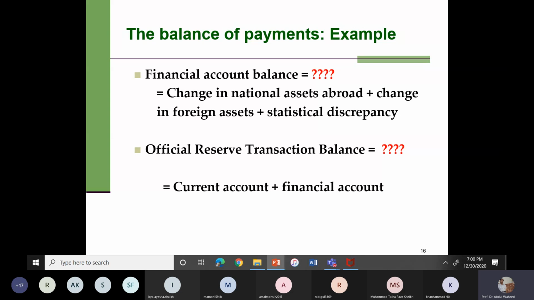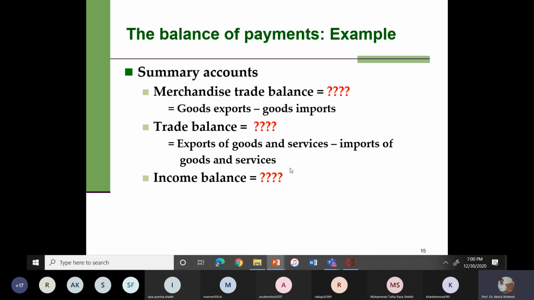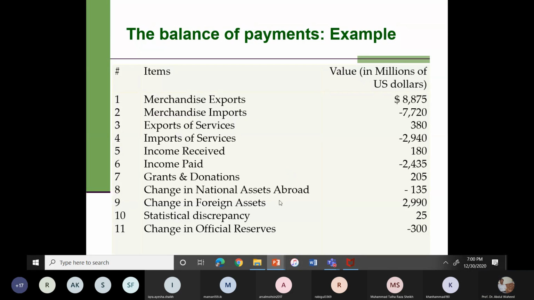And we have the financial account balance. This equals the change in national assets abroad and change in foreign assets plus statistical discrepancy.